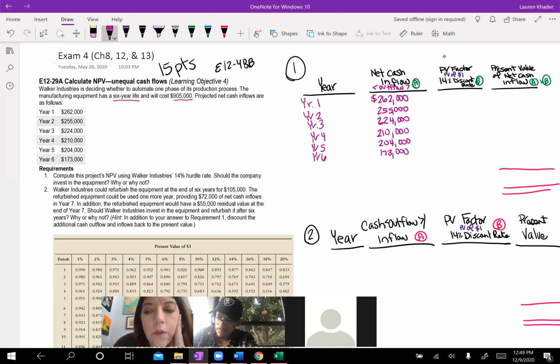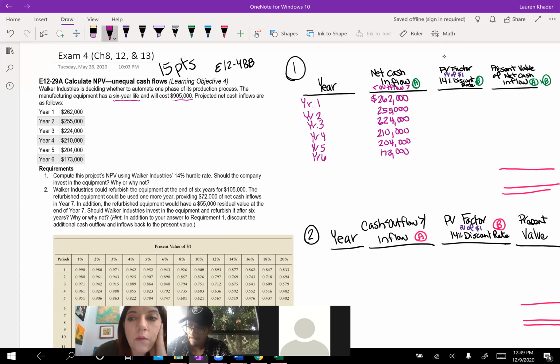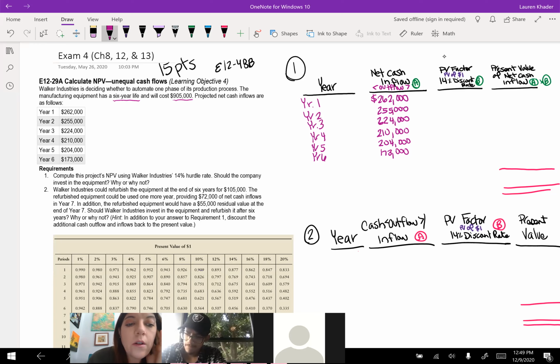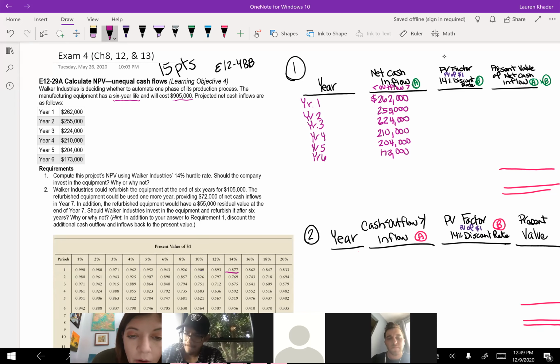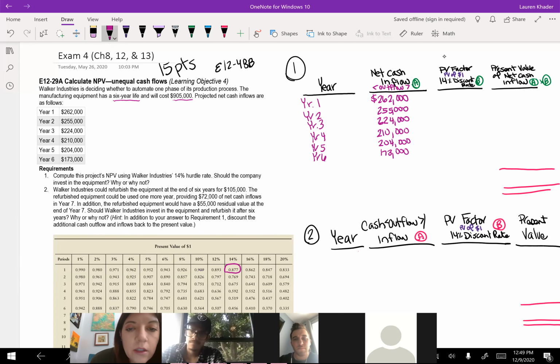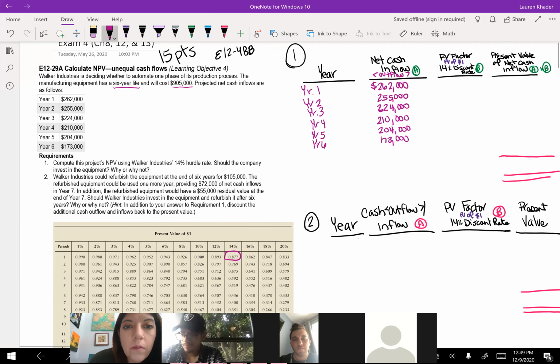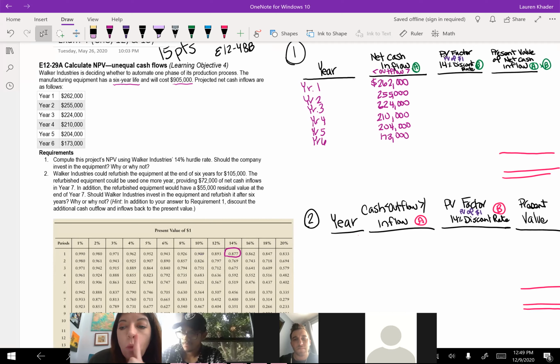So it's going to be the present value of $1. 14% discount rate is what we're using. And each of these years, because it's happening in different years, is going to be a different present value factor. So we're going to go down below to the present value of $1 table, because that's a future one-time payment or receipt of cash.